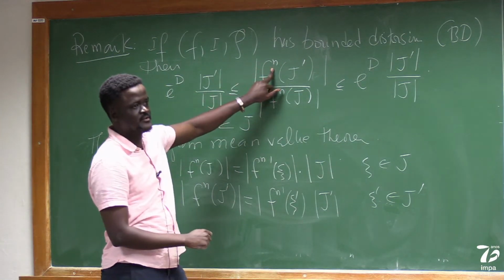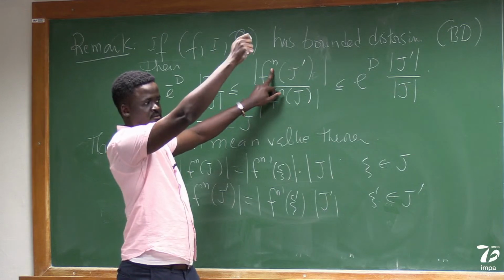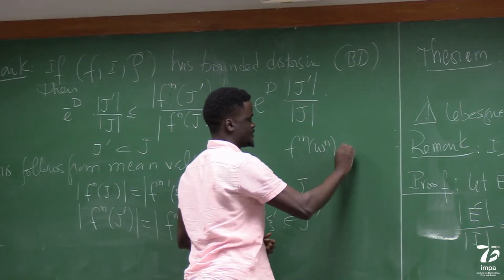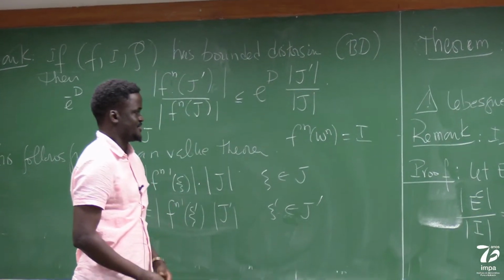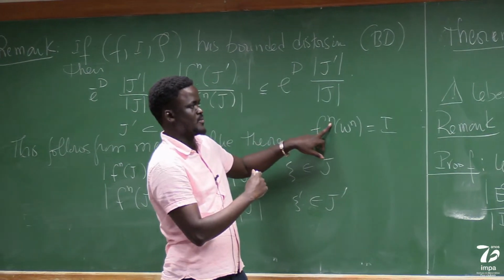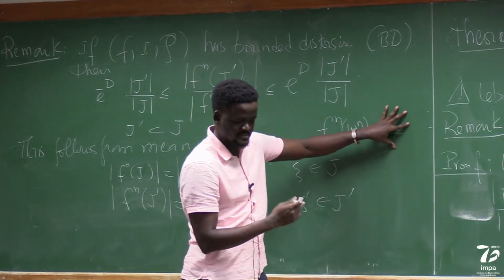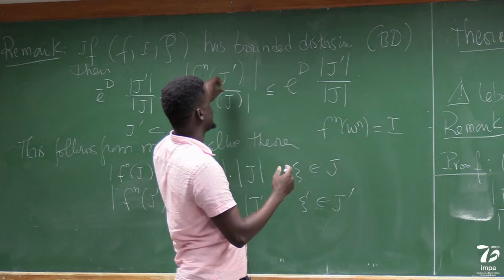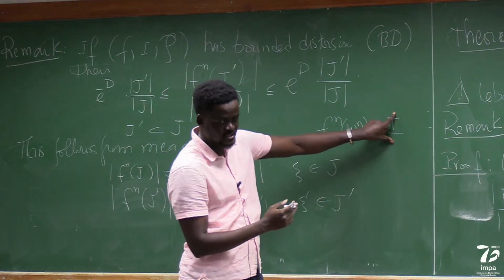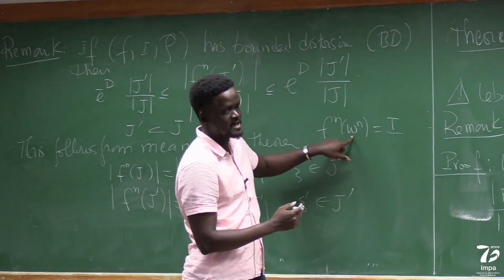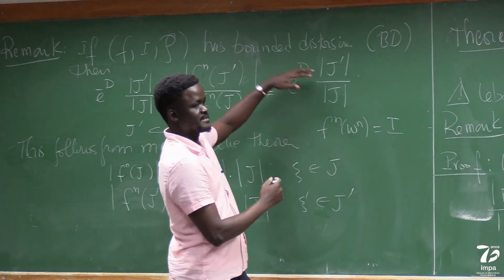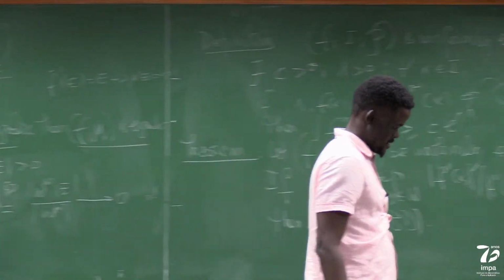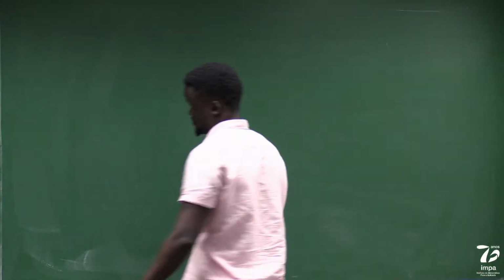Like you take f^n, you iterate it, so you have that f^n of omega n is the whole interval I. So when you want to do the chopping for n plus 1, you can do it here, and the amount you chop will be the same as the amount you should chop here by this bounded distortion. So it's really very good to have it when you want to study dynamical systems.